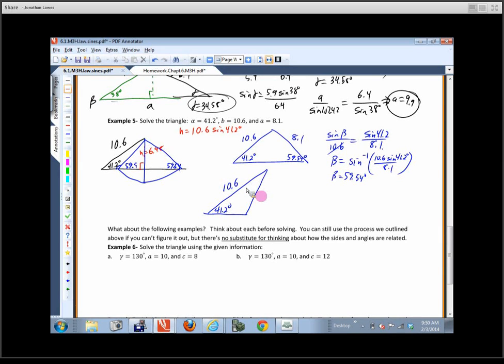This is going to be 10.6. This is going to be 8.1. This is going to be 180 minus that one right there. So 180 minus 59.54. And that one's going to be 120.46. Okay? And then could you finish it off and find gamma and side C on this one and gamma and side C on this one? Okay?